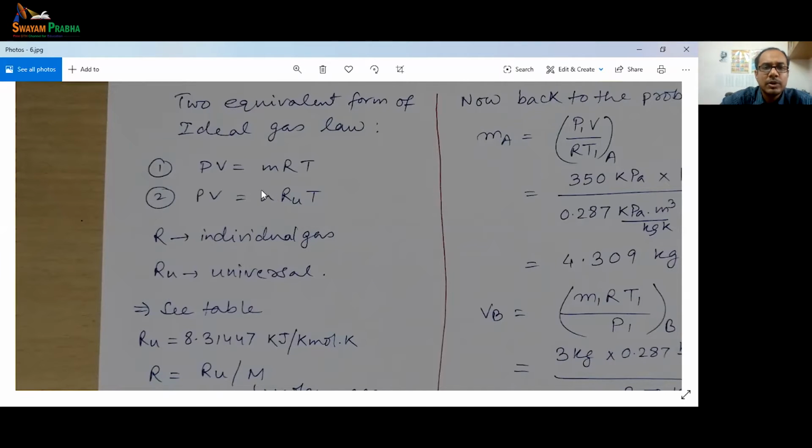N represents the number of moles. So if you use the number of moles, you have to use the universal gas constant Ru. So PV equals nRuT will be the form of the ideal gas equation of state. And the other alternative form is PV equals mRT, where m is mass, not number of moles.